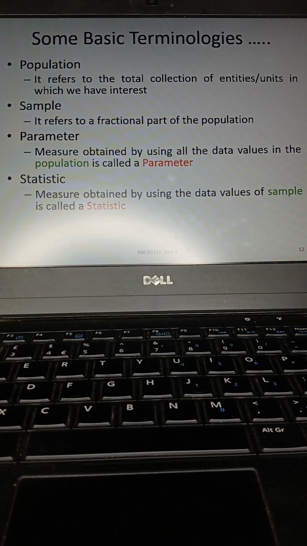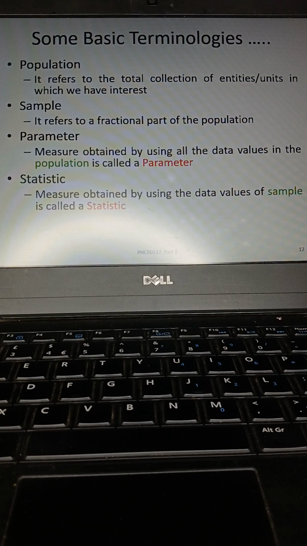It is the total collection of that thing that you are interested in. And what is a sample? It's just a fractional part of the population. Just like the case of average height of students in a college and average height of students in your country. Your country is the whole population. The sample is that fractional part, that is a particular college or 5 colleges in your country which serve as the whole population.